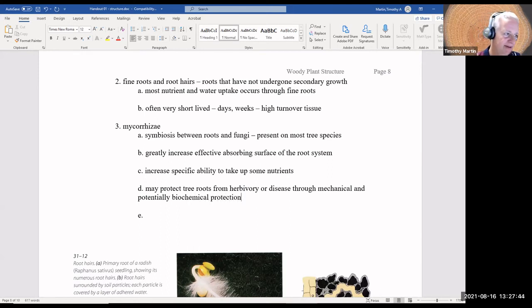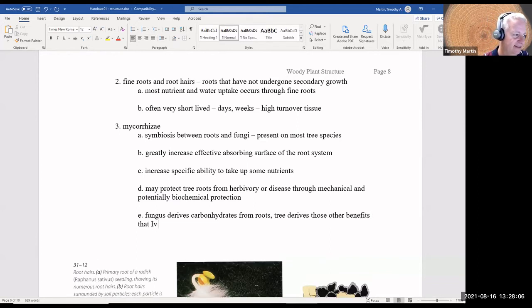But they may form a protective function. If you think of the symbiosis here, the fungus derives carbohydrates from the roots, and the tree derives those other benefits that I've listed. So that's the symbiotic attributes of that mycorrhizal symbiosis.